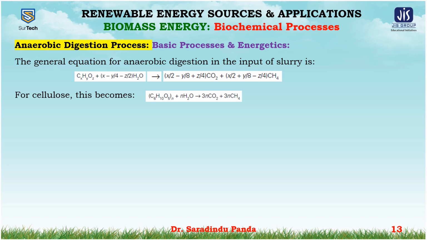The reactions are slightly exothermic, with typical heats of reaction being about 1.5 megajoule per kg dry digestible material, equal to about 250 kilojoule per mole of C6H10O5. That is called cellulose.